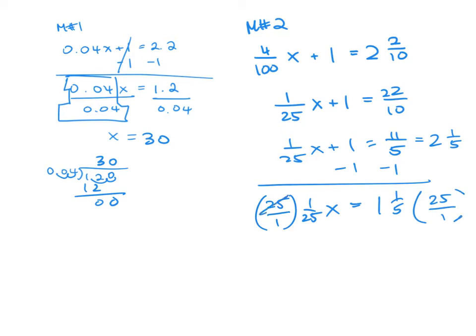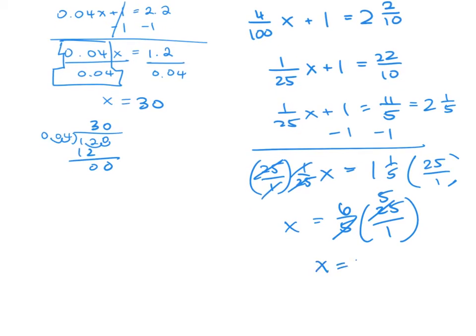And this will cross out with this, because it would be 25 over 25, which is 1. And I get x is, now the improper fraction would be easier, 6 over 5 times 25 over 1. And 25 divided by 5 is 5, and I get x is 30.